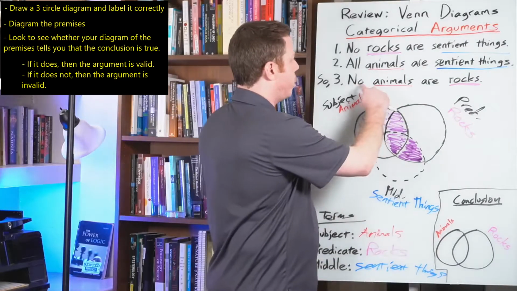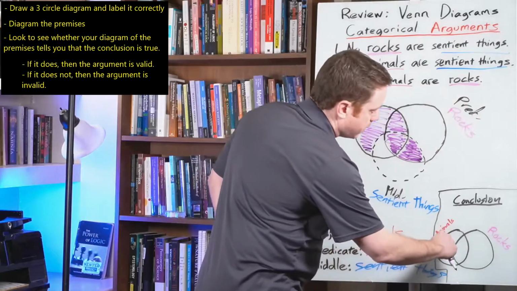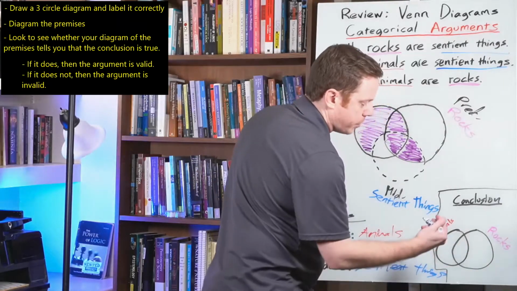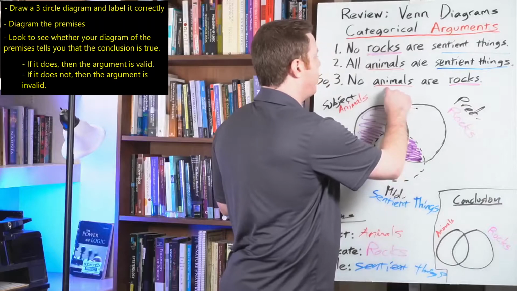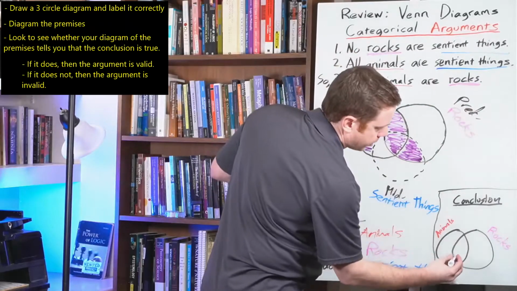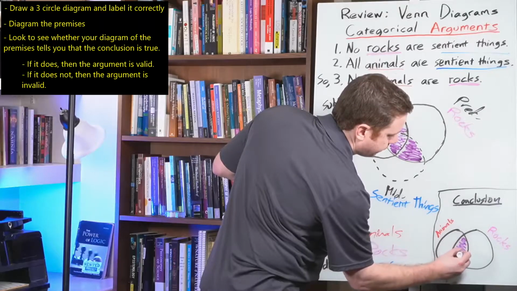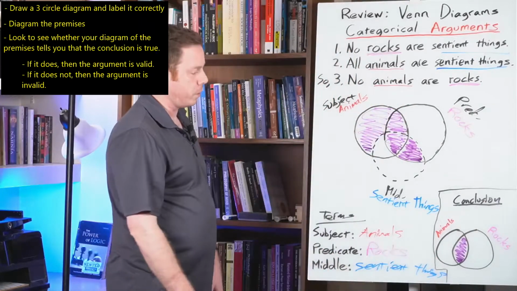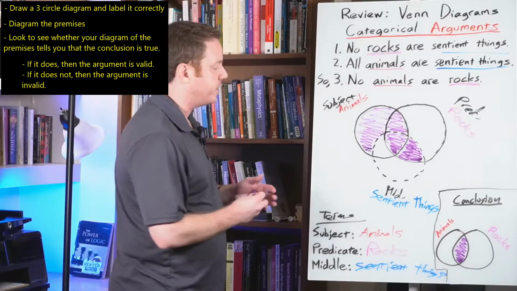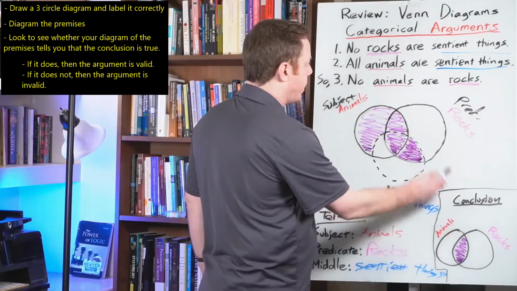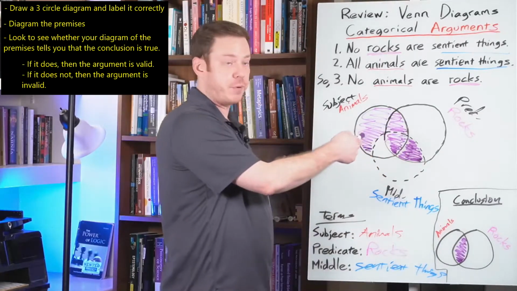So no animals are rocks. Animals and rocks, that's saying there's nothing that's inside both the animal circle and the rock circle. That's empty. So we're going to shade that in, and that's a diagram of the conclusion. Okay, is this information already contained in our diagram of our premises?